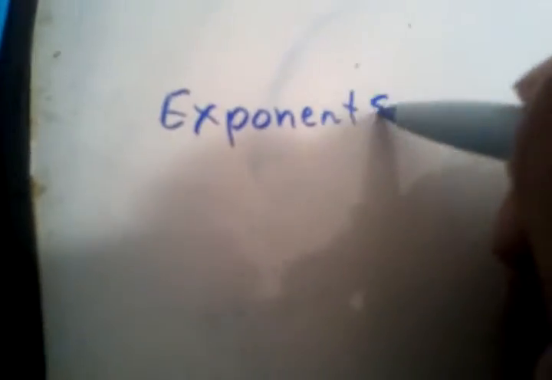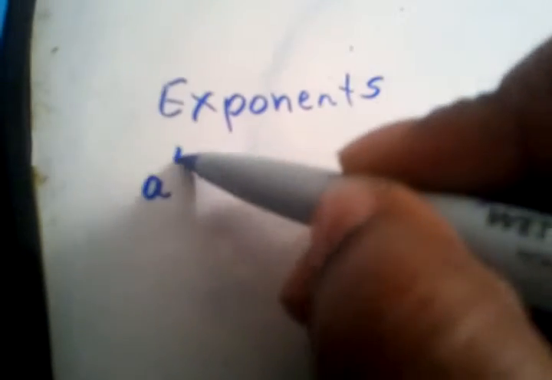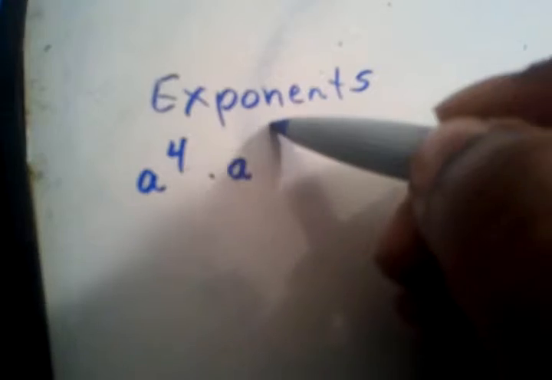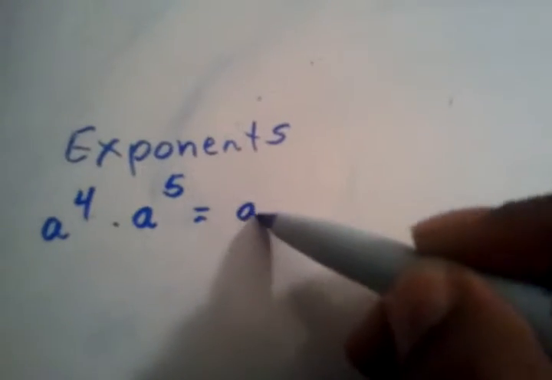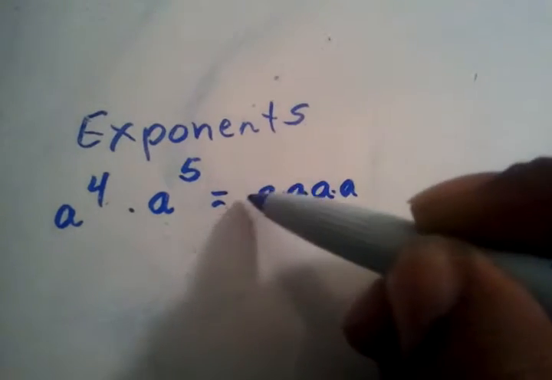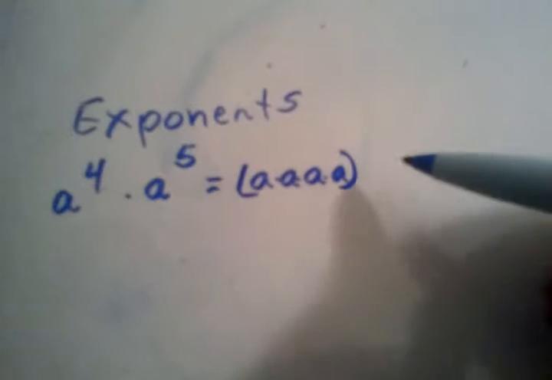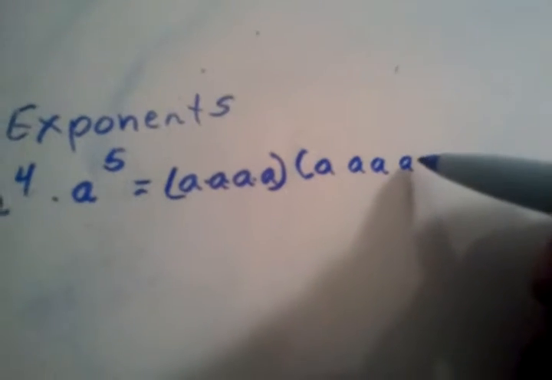All right. So let's just recap on exponents. Let's say for instance we had a to the 4th times a to the 5th power. This expanded would be a with dots in between, that's the 4th power, and the other one would be a.